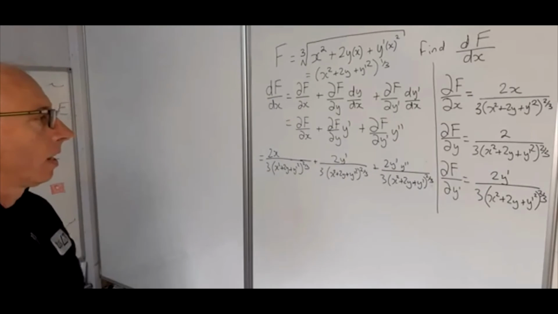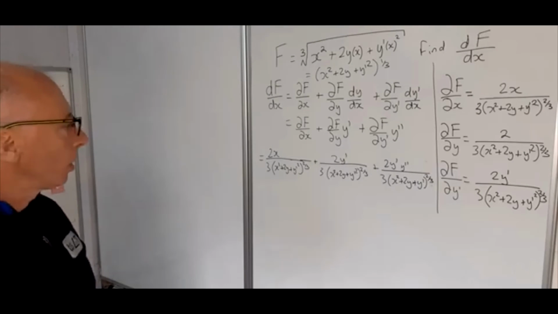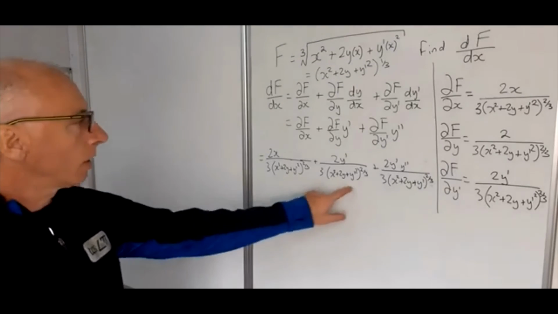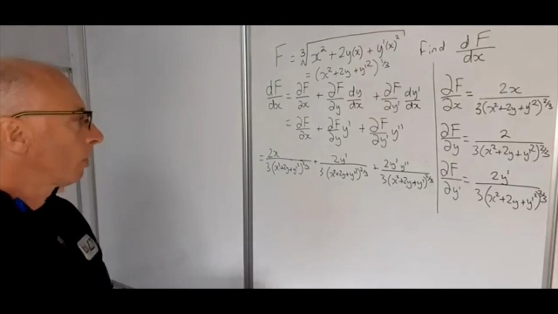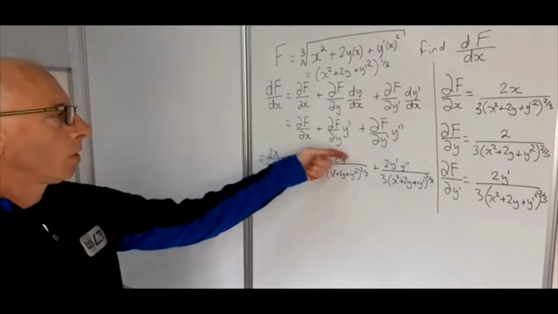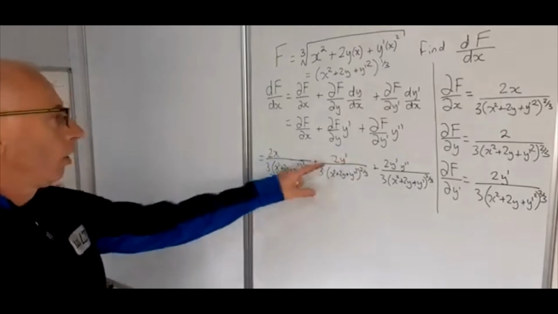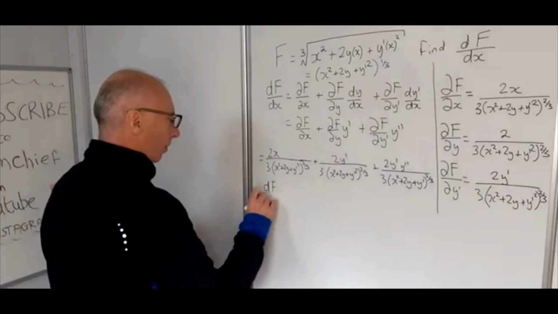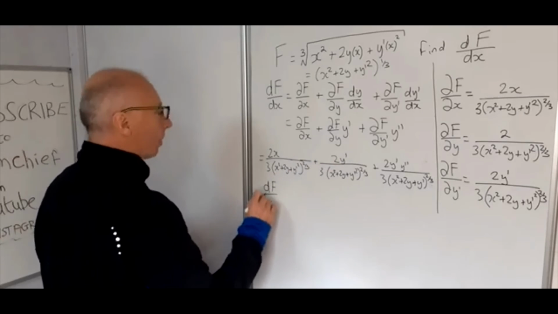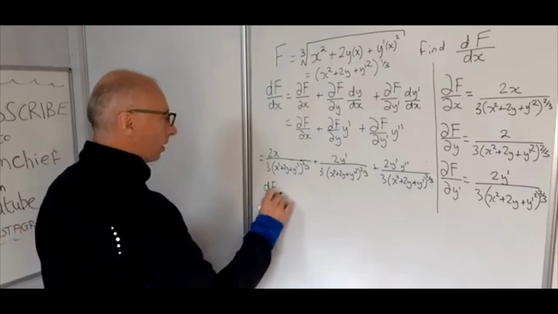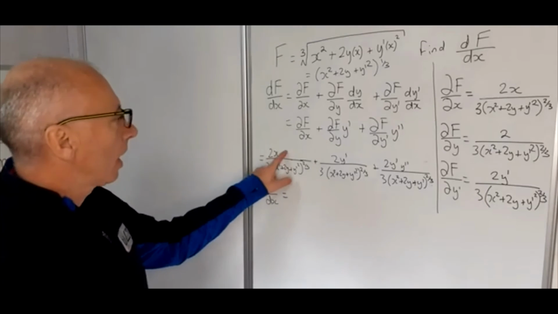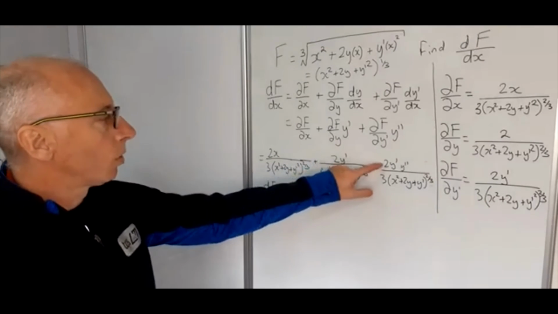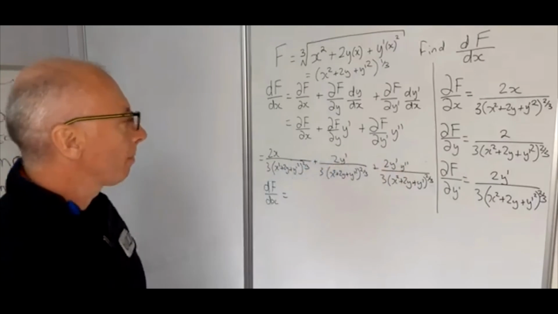Okay, so now we can simplify this, which is looking pretty straightforward because our denominators are all the same. So the algebra for this is straightforward. Then we're just going to add on all the numerators. So now we can say the total derivative of f with respect to x is 2x plus 2y prime plus 2y prime y double prime.